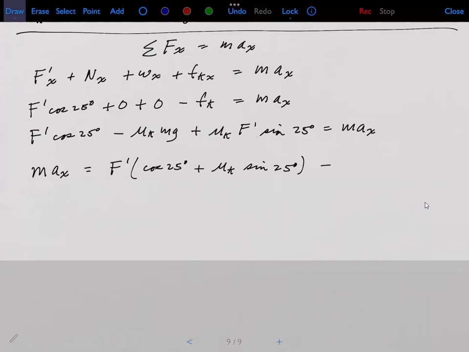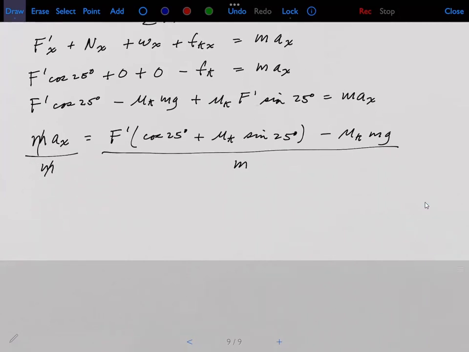And I also have this minus mu k mg. And then I can divide both sides by m. And that gives me what I want, which is ax. So ax is going to be F prime cosine of 25 plus mu k sine of 25 minus mu k mg all over m.